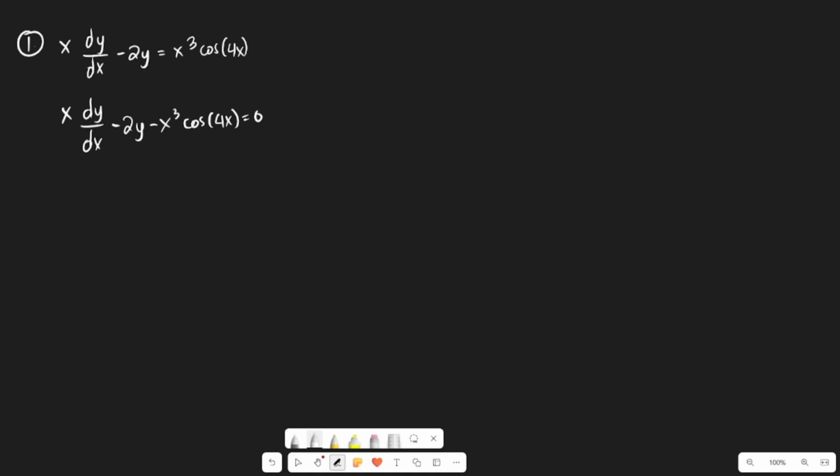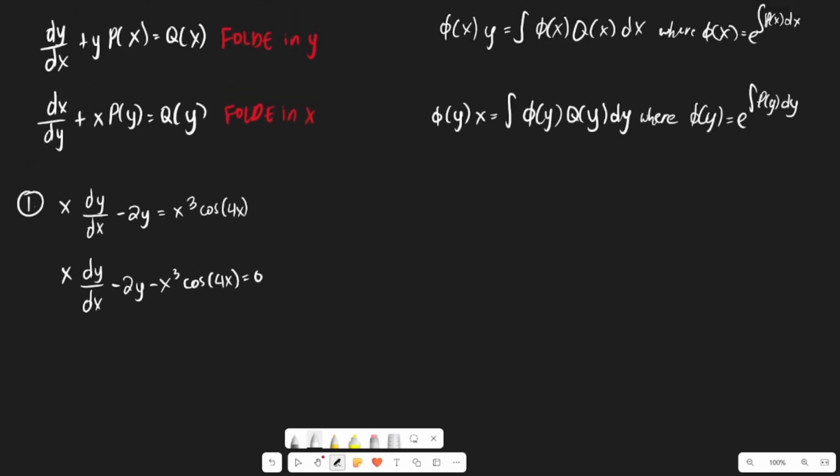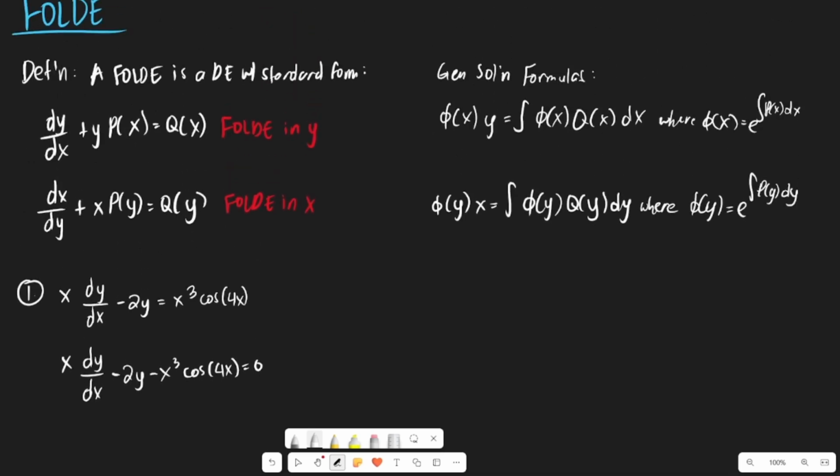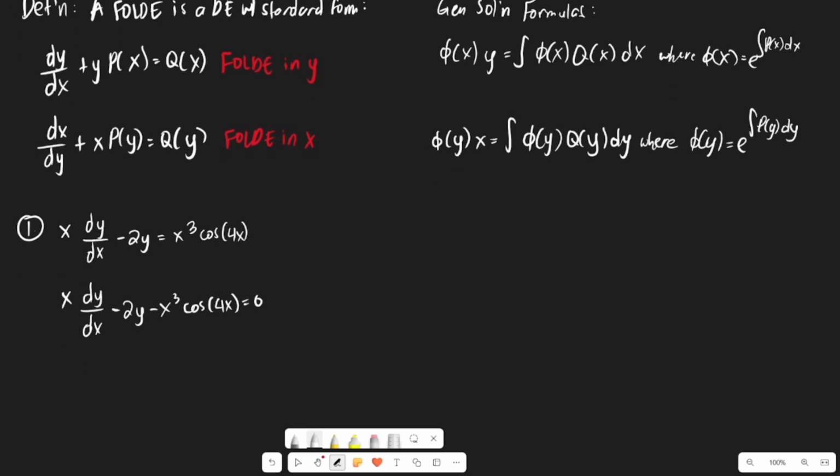Now when looking at our differential equation, our FOLDE, we're going to have these forms: the FOLDE in y or the FOLDE in x.